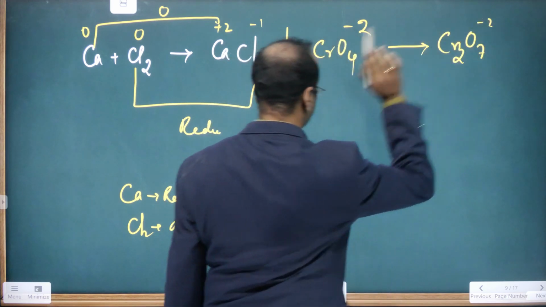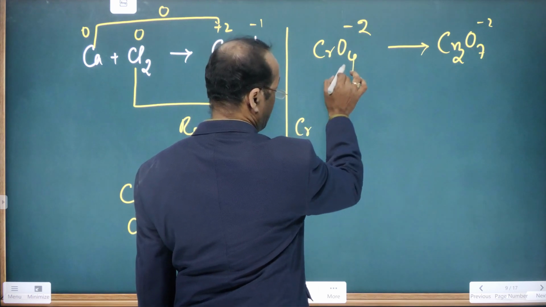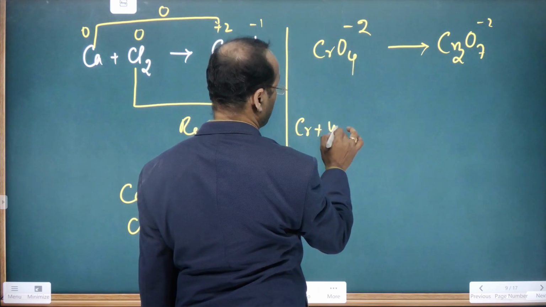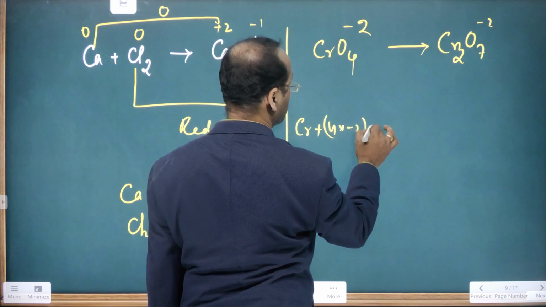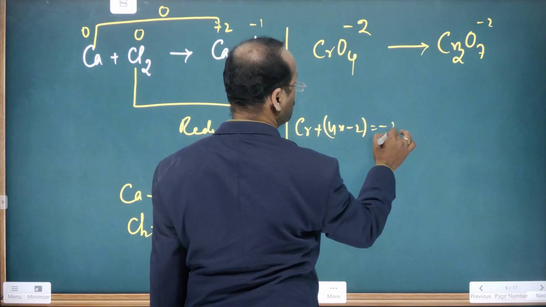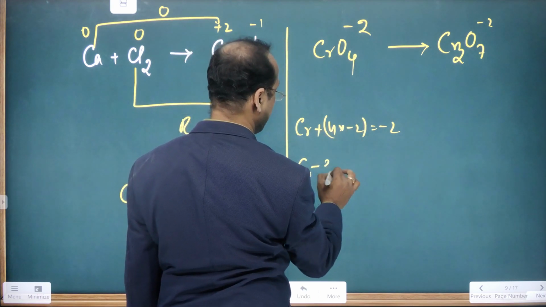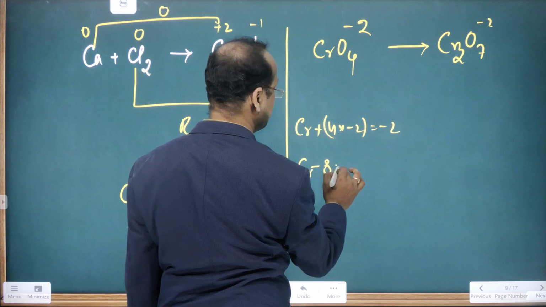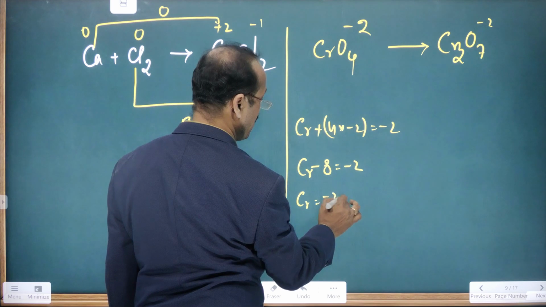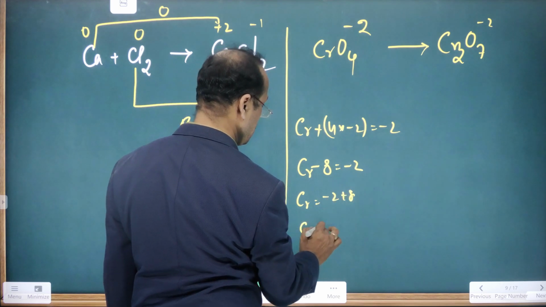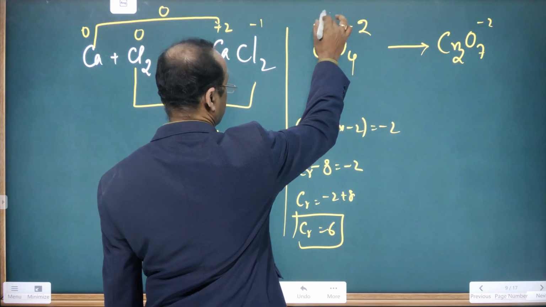So see students, here we don't know the oxidation number of chromium. But how many oxygens are there? 4 oxygens, each with oxidation number -2, and the charge is -2. So Cr plus 4 times -2, which is -8, is equal to -2. Cr equals -2 plus 8. So Cr is 6. So the oxidation number of chromium is +6.